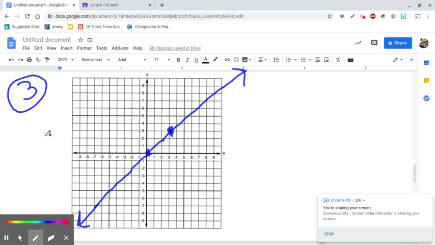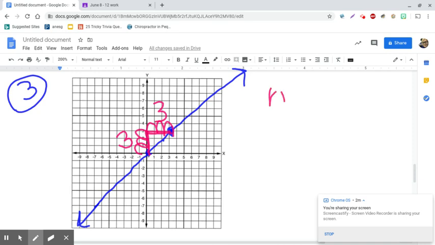What point do I hit first? This point. To get from this point to this point, I have to go up and then over. So we're going to count how many points up. 1, 2, 3. Since it's up, it's a positive. How many am I going over? 1, 2, 3.